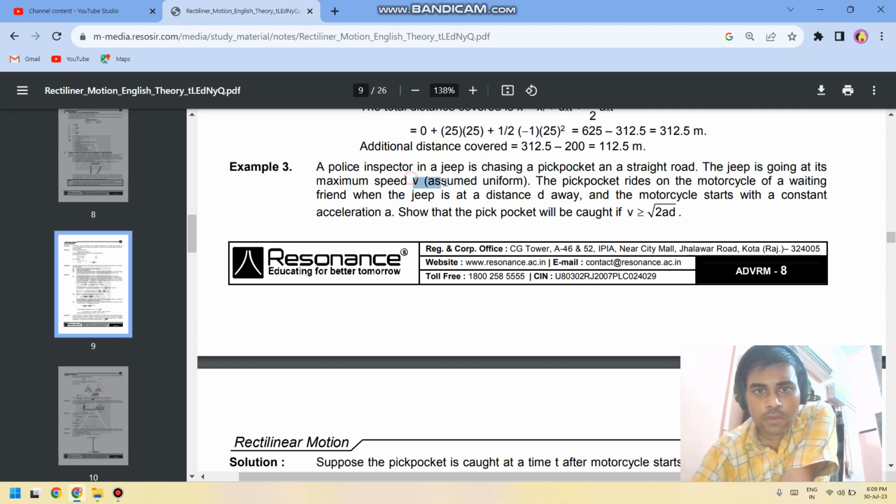The pickpocket rides on the motorcycle of a waiting friend when the jeep is at a distance d away, and the motorcycle starts with a constant acceleration a. The pickpocket will be caught if v is greater than the square root of 2ad. This is what you have to prove.